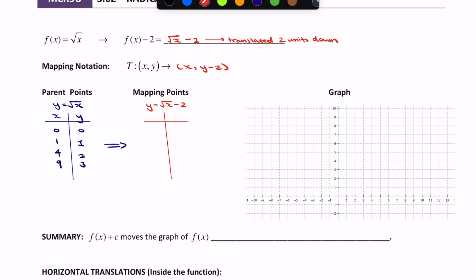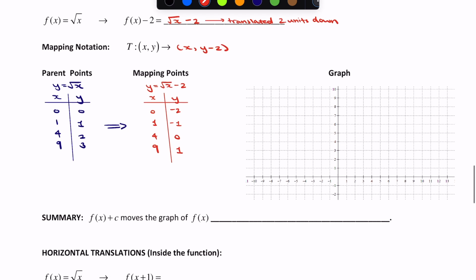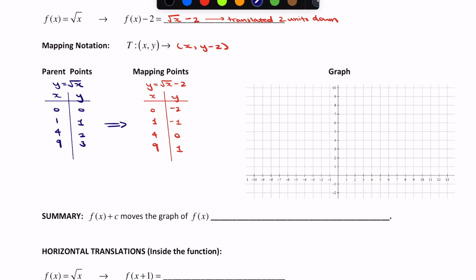We'll put our points here, so our x values stay the same, 0, 1, 4, and 9. And then our y values will decrease by 2. So here we'll have negative 2, negative 1, 0, and 1. So here, again, we'll graph our parent function first. So (0, 0), (1, 1), (4, 2), and (9, 3).